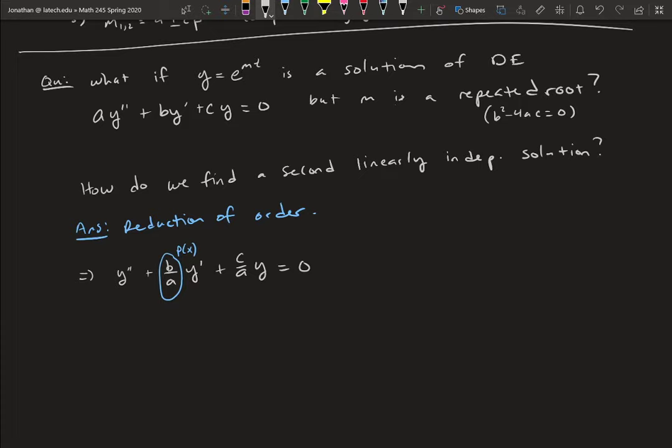Then the reduction of order formula tells us that y2, actually p of t since we're using t, y2 of t will be y1 of t times the integral of 1 over y1 of t squared times e to the negative integral p of t dt, dt.